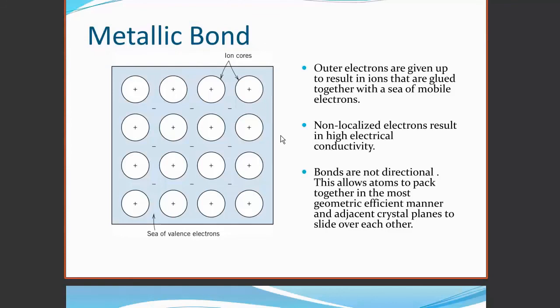This results in bonds that are not directional and allow one plane to slide with respect to the other. This explains why metals are ductile. The shared electrons are delocalized and are free to move and participate in thermal and electrical conduction. Once again, by understanding the nature of bonding in the material, we can explain physical properties.